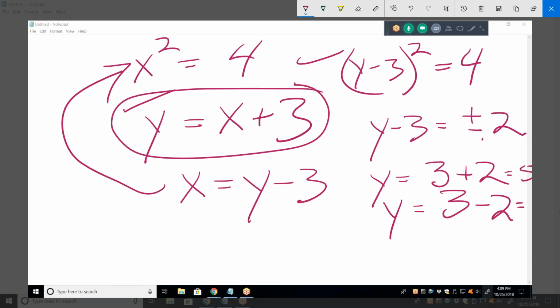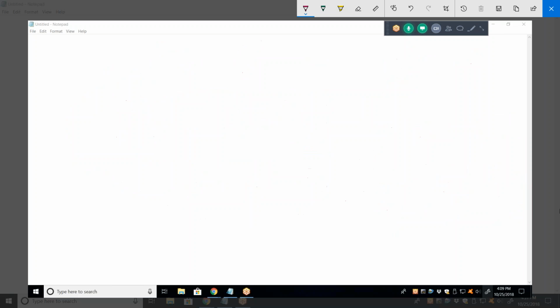Y equals 5 and 1. And then x equal 2. So the system of equations, you have a lot of choice on them. And the most important choice is the very first one you make as to which method you're going to use to solve it.